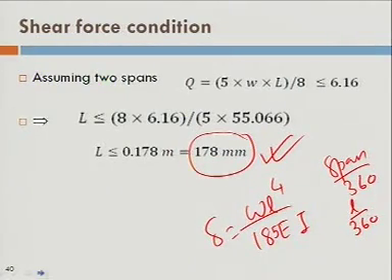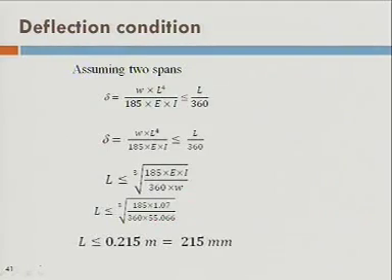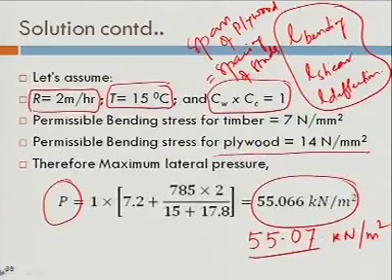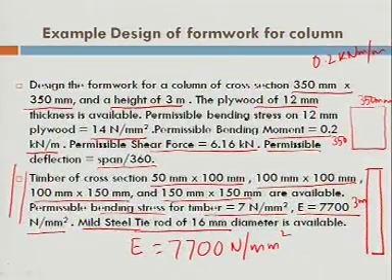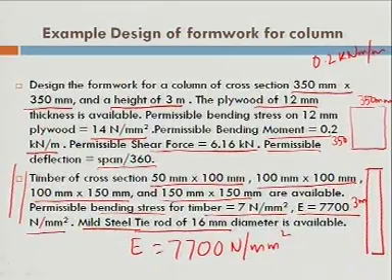How much is it coming? Okay, EI value you want to know. E value I have already given you, 7,000. For plywood it is not given here, but do you already have this EI value for plywood?